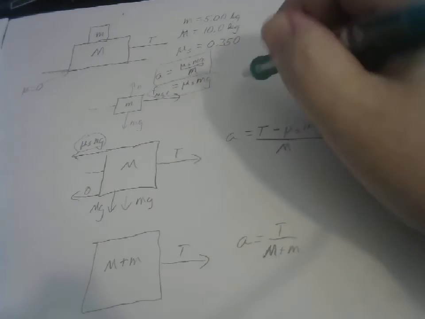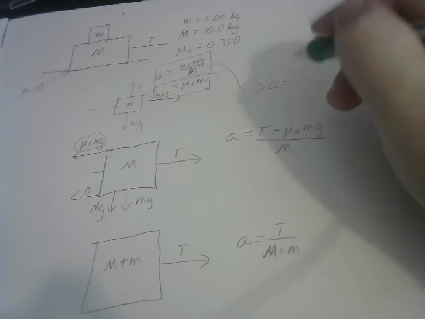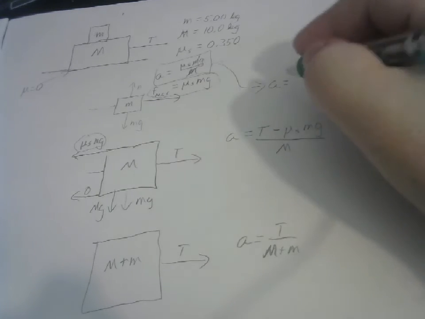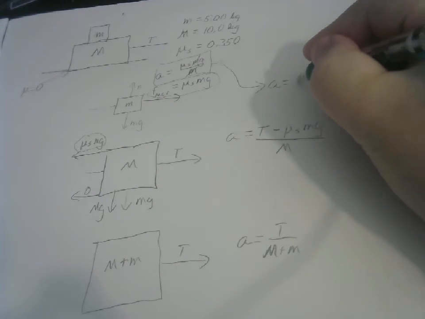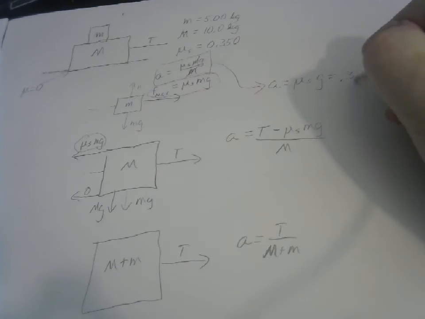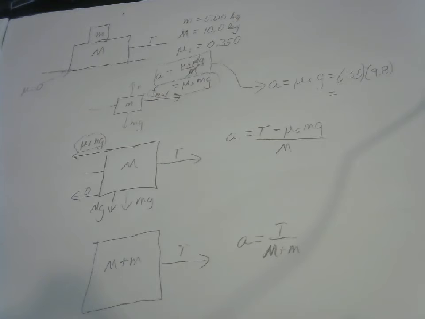So this equation doesn't have any unknowns in it at all. Acceleration equals mu sub s mg over m, the m cancels out, so we'll just have mu sub s times g, which is 0.35 times 9.8, or 3.43 meters per second squared.